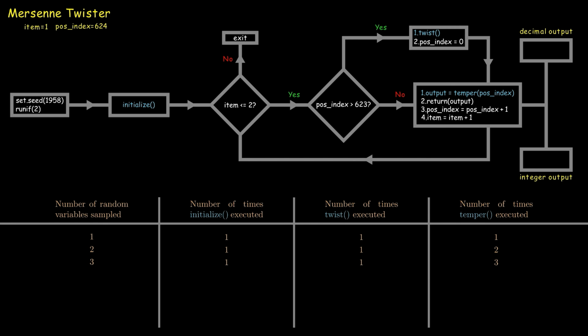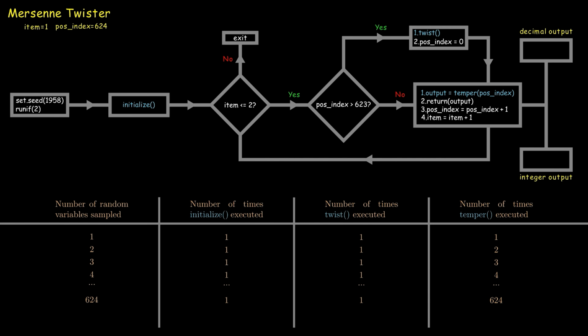The twist operation is only executed when the POS index is greater than 623. POS index refers to the current position in the grid of 624 numbers, while item identifies the variable that we are currently cooking.